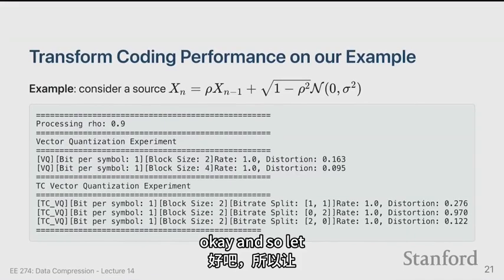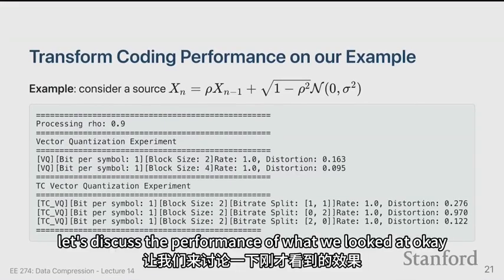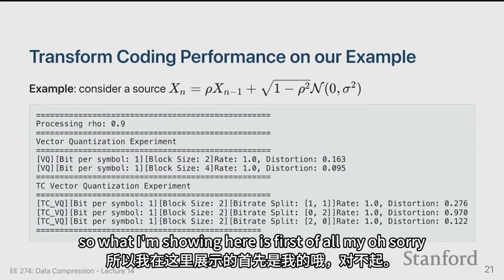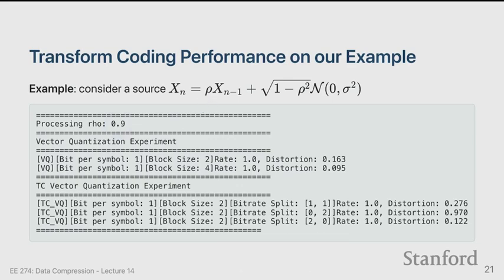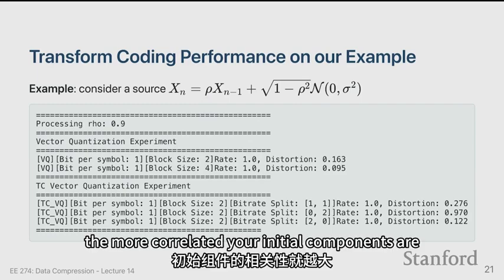Okay, so let's discuss the performance of what we looked at. What I'm showing here is, first of all, my rho is now 0.9. The higher this value is, the more correlated your initial components are.